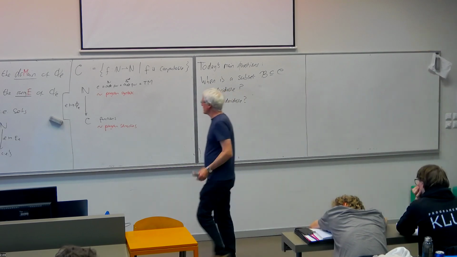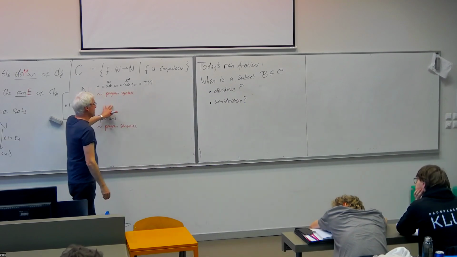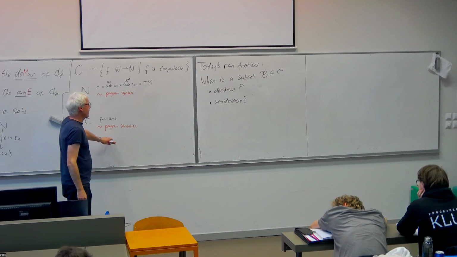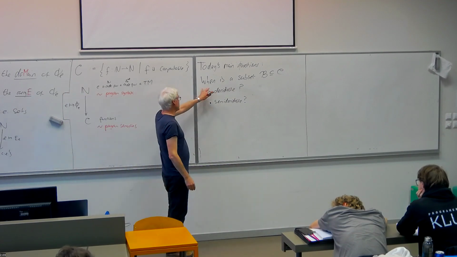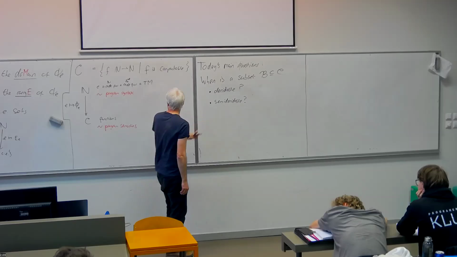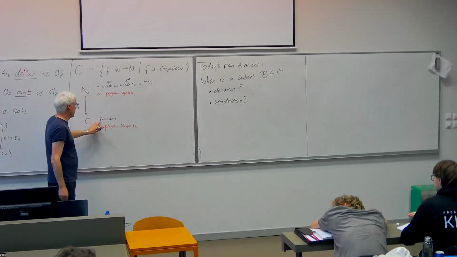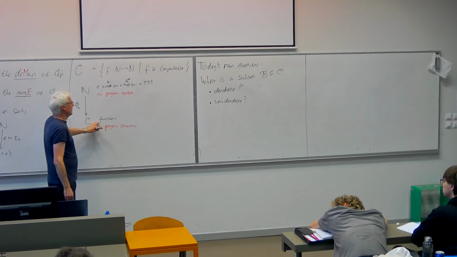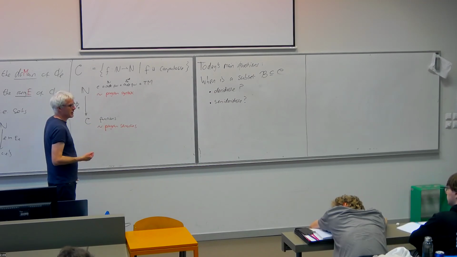But the reason these questions are interesting with respect to this picture is: if we have a decidable subset of the set of functions, what's that going to mean? Well, we'll come to the technical definitions soon enough.